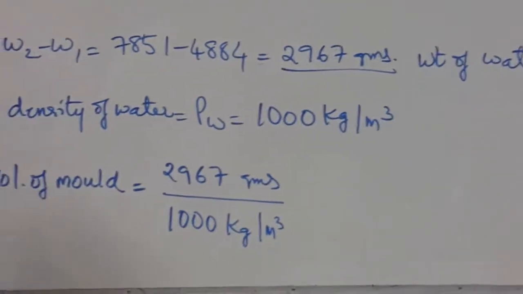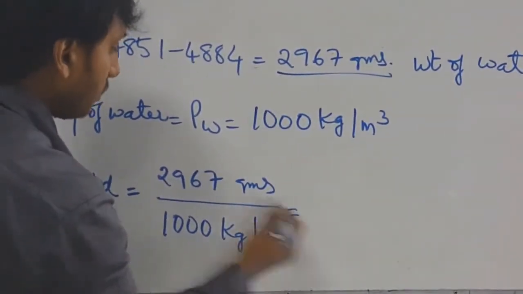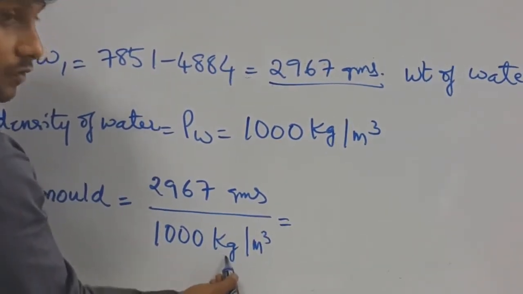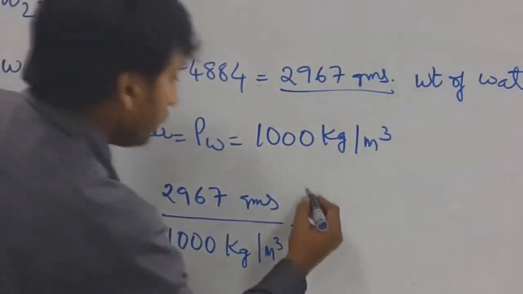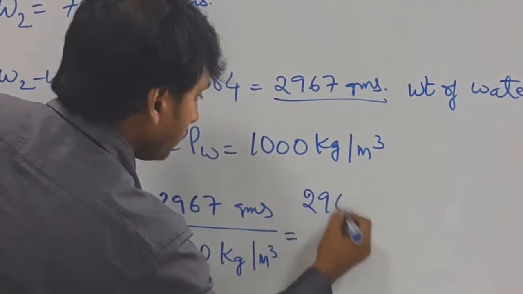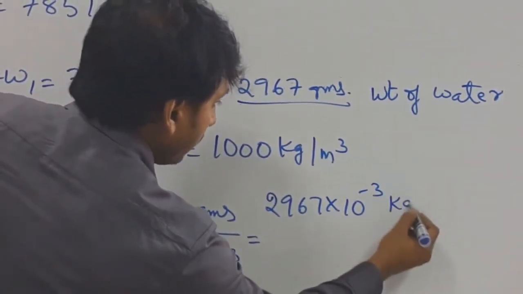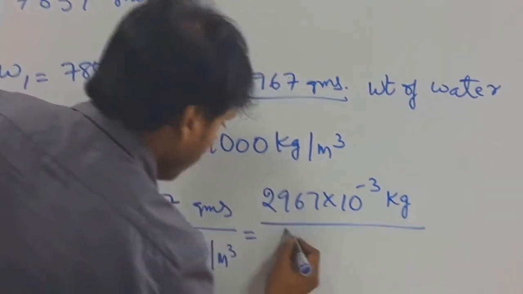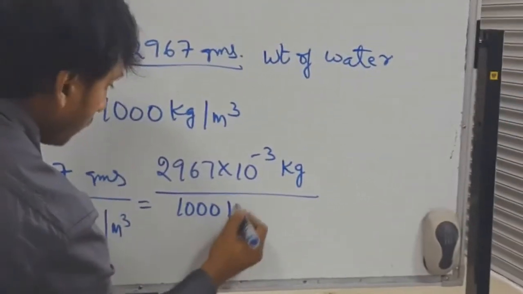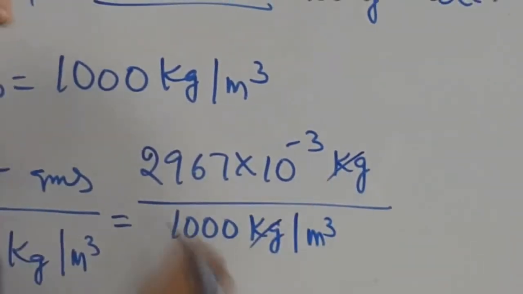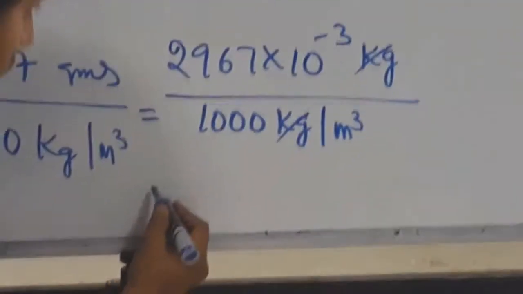To convert grams into kg, because the density of water is in kg per meter cube, we write 2967 into 10 power minus 3 kg over 1000 kg per meter cube.